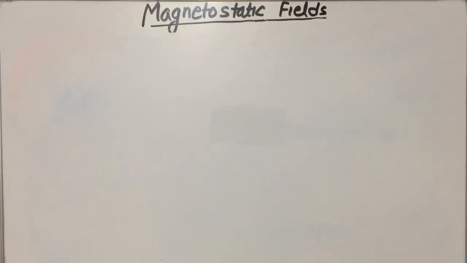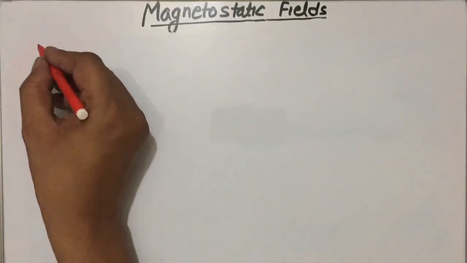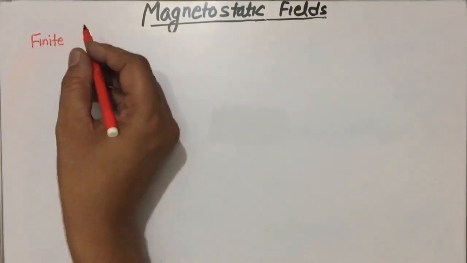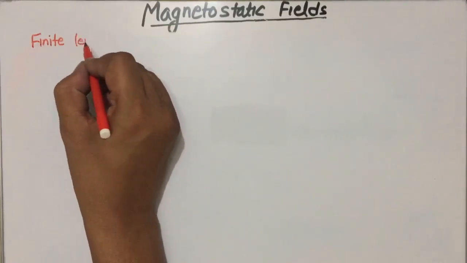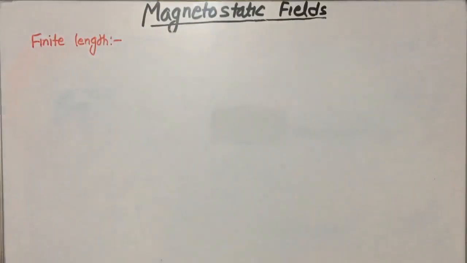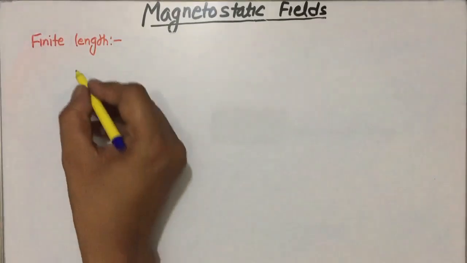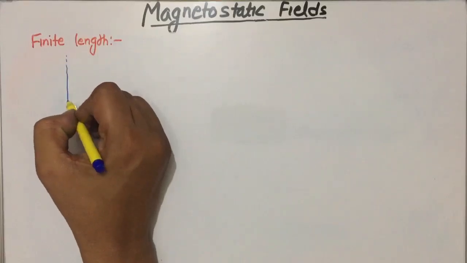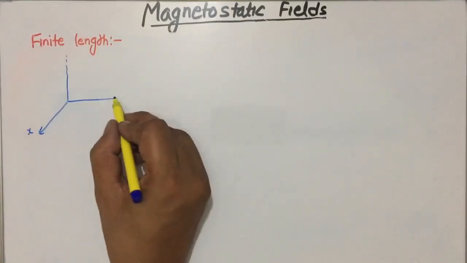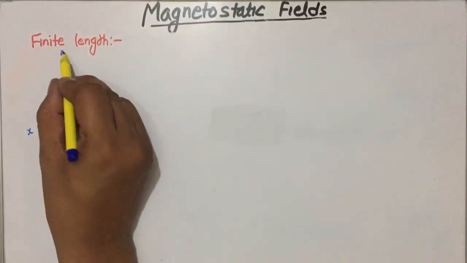Now consider the length of the line conductor as a finite length. So we will try to find the magnetic field intensity for a finite length of the conductor. In that case, let us consider the case like this: x, y, z.